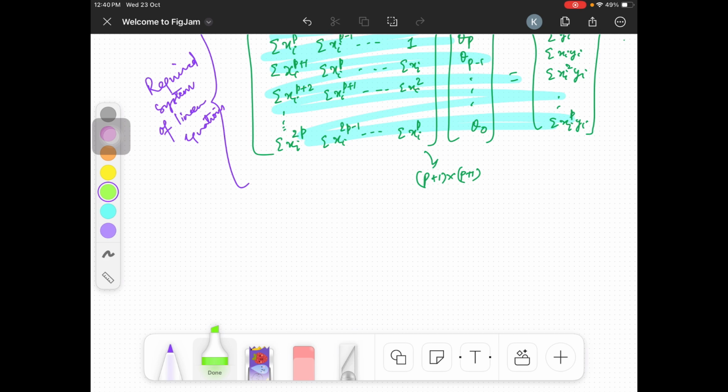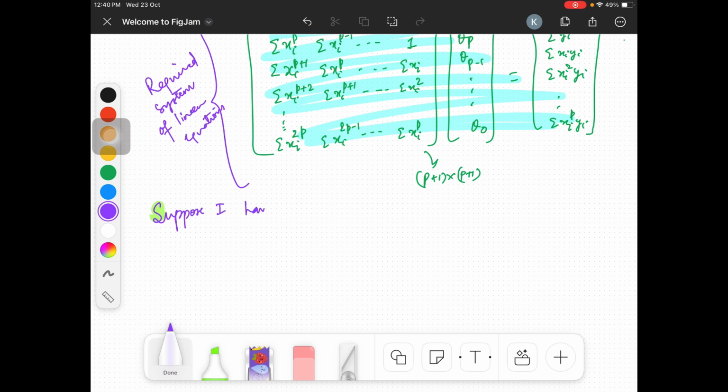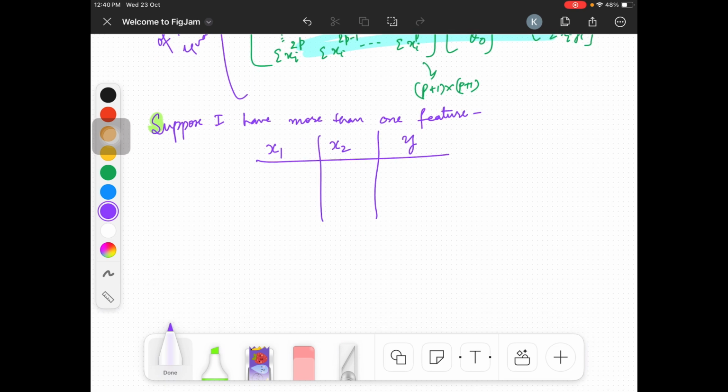And also, suppose I have more than one feature, then what will happen, right? So suppose I have something like this: x1, x2 and then you have y, right? In that case I have to try to fit a polynomial of say degree 2. Then what kind of polynomial will it look like?